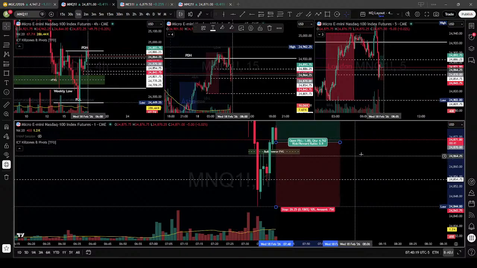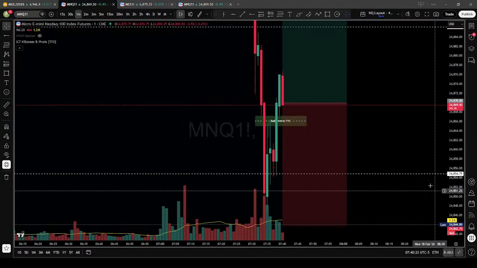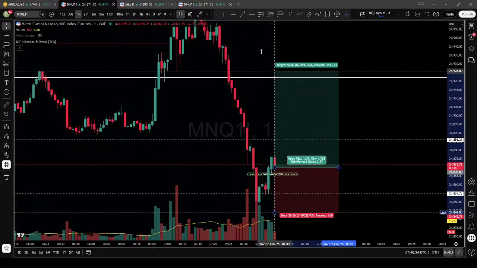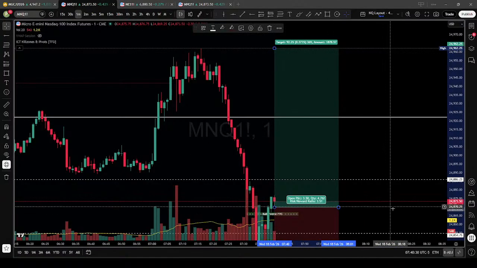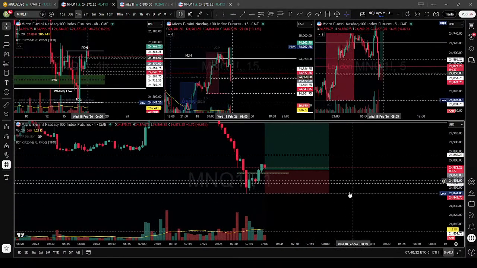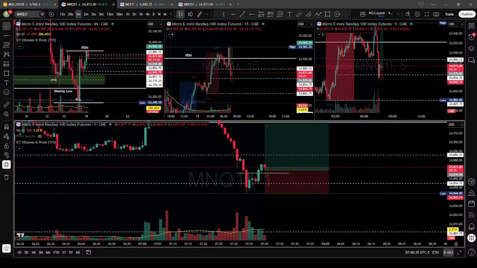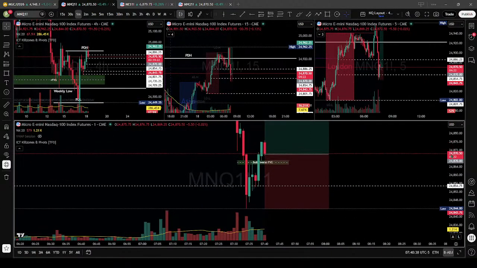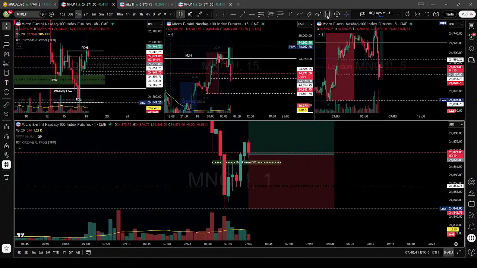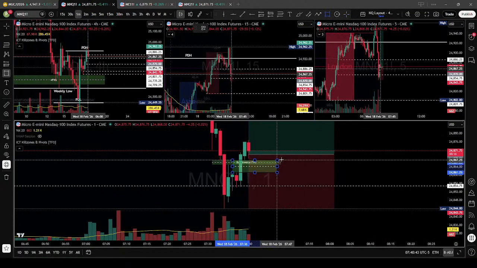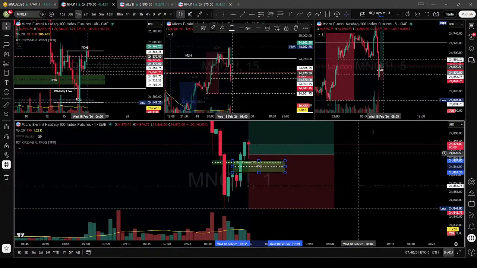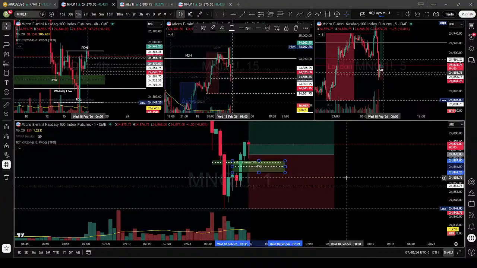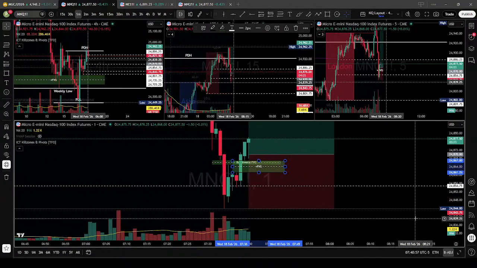So there's this. We can either take this bull inverse fair value gap, or at any point if this bull fair value gap gets inversed into a bear fair value gap, then we will be taking the short entry for London low. But as of now, this bull side trade is active.